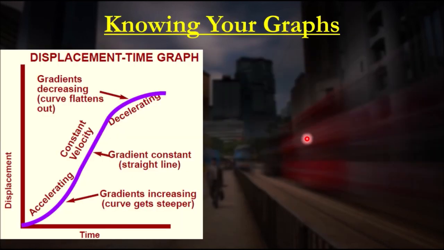And with that, that concludes our lesson recording for today. Just a couple of points I want you to remember. On a displacement time graph, the velocity is constant if you have a straight line gradient. If it's curving up, it's accelerating. If it's curving down, it's decelerating.